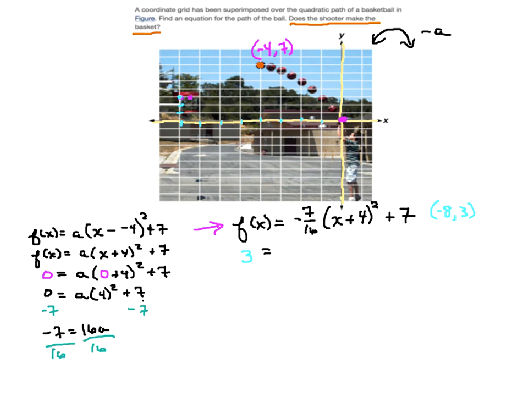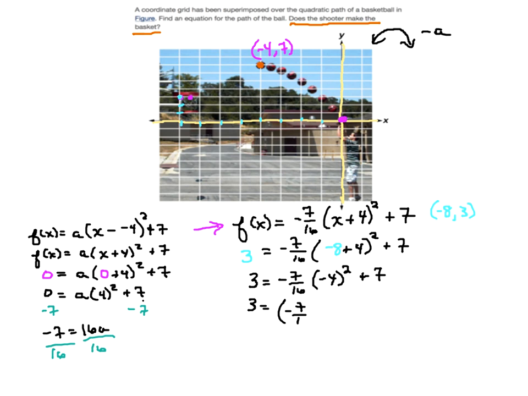Okay, so 3 equals -7/16 times -8 plus 4 squared plus 7. All right, 3 equals -7/16. Okay, -8 plus 4 is -4, plus 7. So I'm just simplifying down either side to see if I get the true statement.